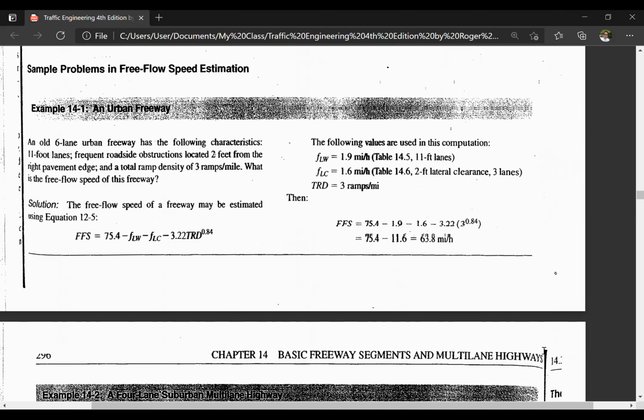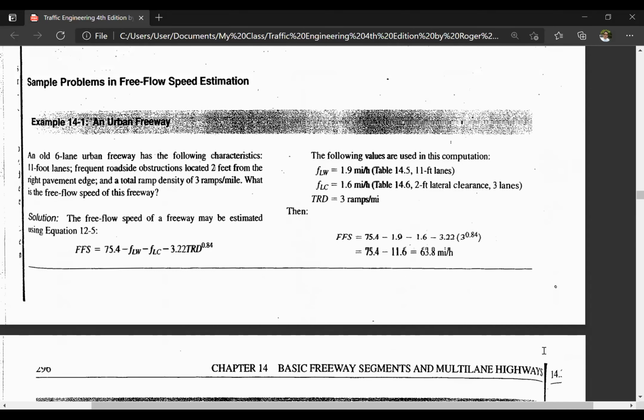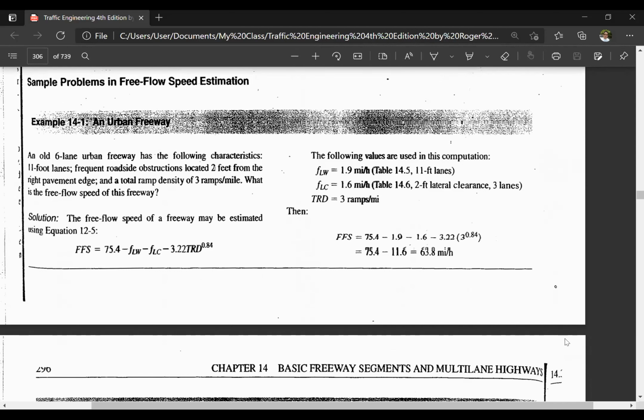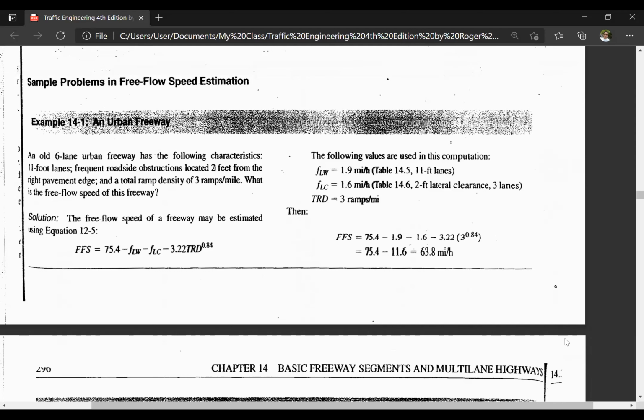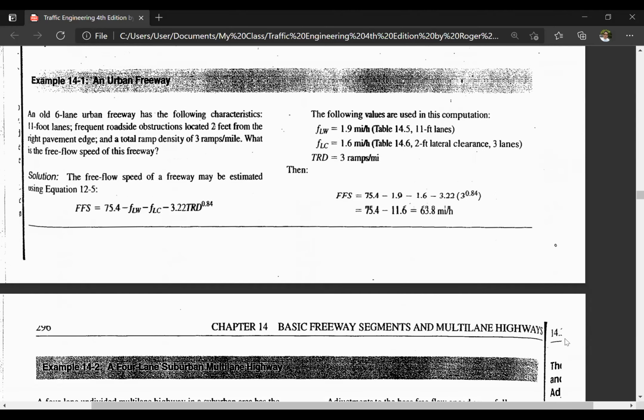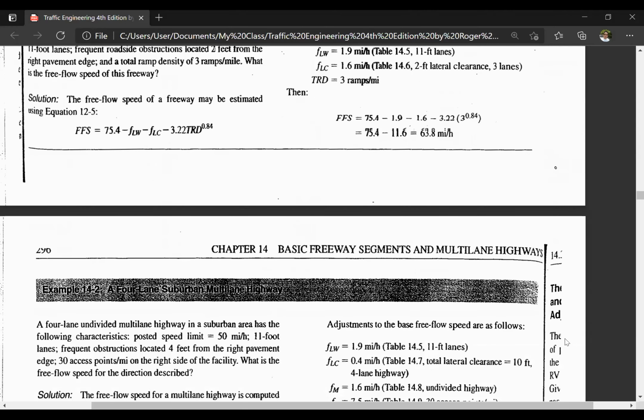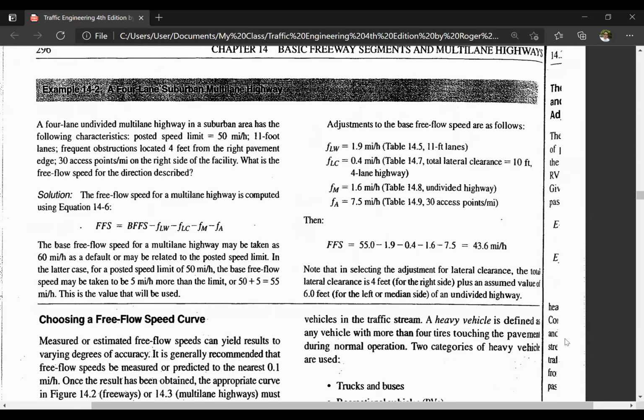I believe that the sample problem in this textbook will be a good way for you to look at and start reading it, because I'm going to use some questions and adapt them in one of your final examinations, but I won't tell you which one.